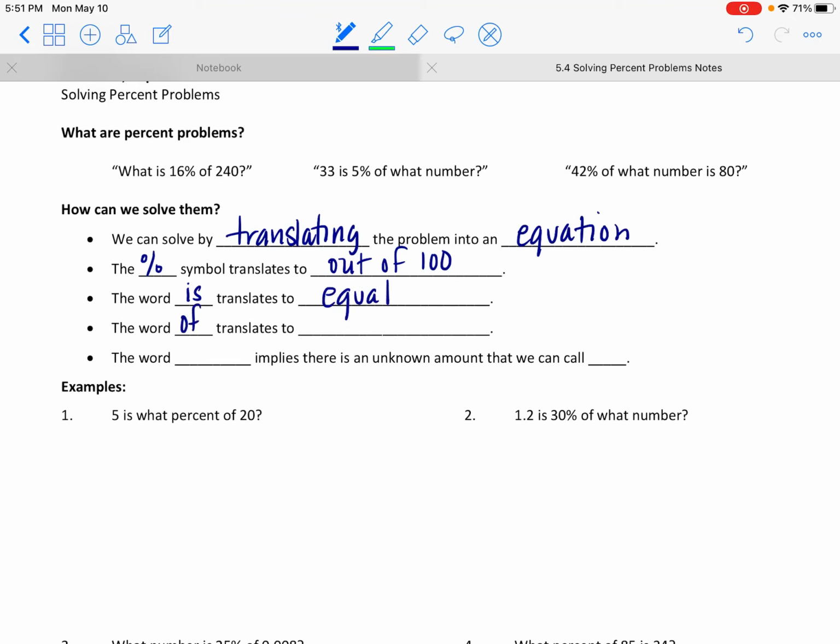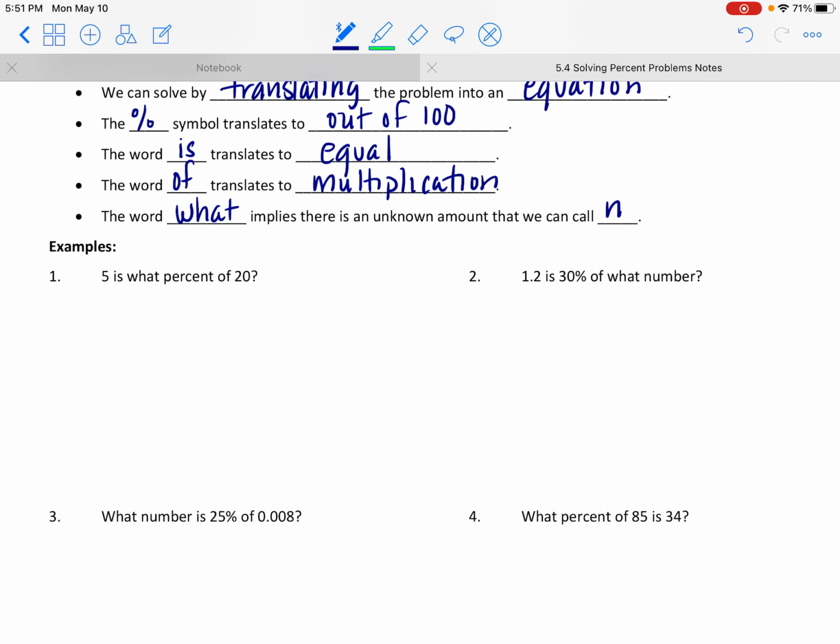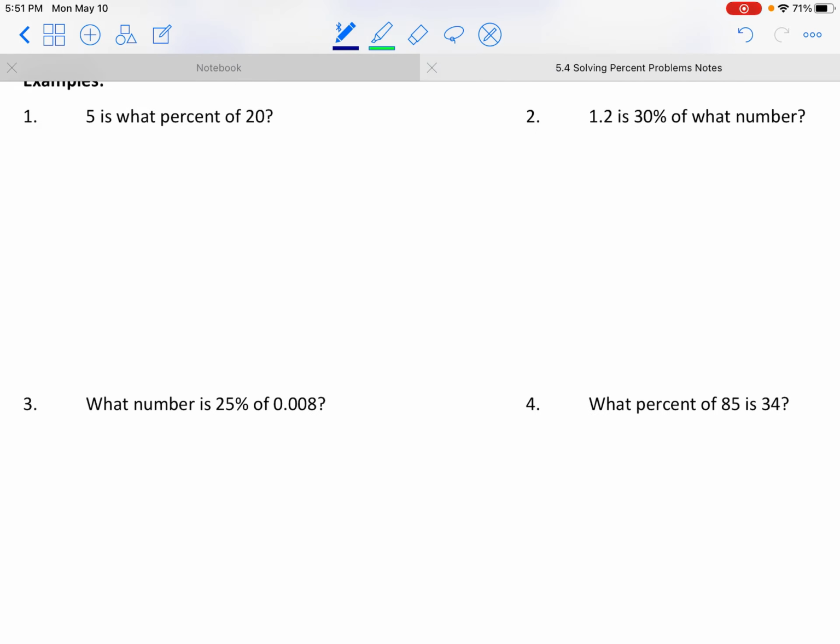The word of in our question translates to multiplication. And finally, when we see the word what in each of these, that implies a question. That implies there is an unknown amount, and that is where we're going to put our variable. So the word what implies an unknown amount, and we're going to call it n or x or whatever variable makes you happy. Okay? So let's try the first one.